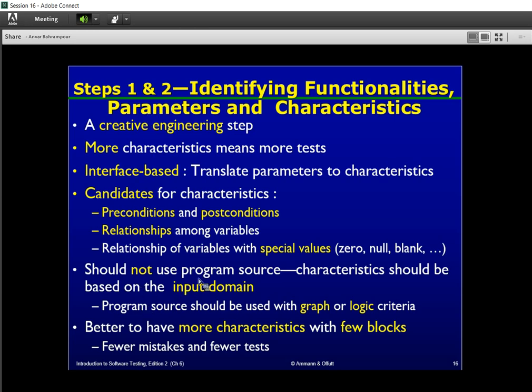In this step, we should not necessarily use the program source.